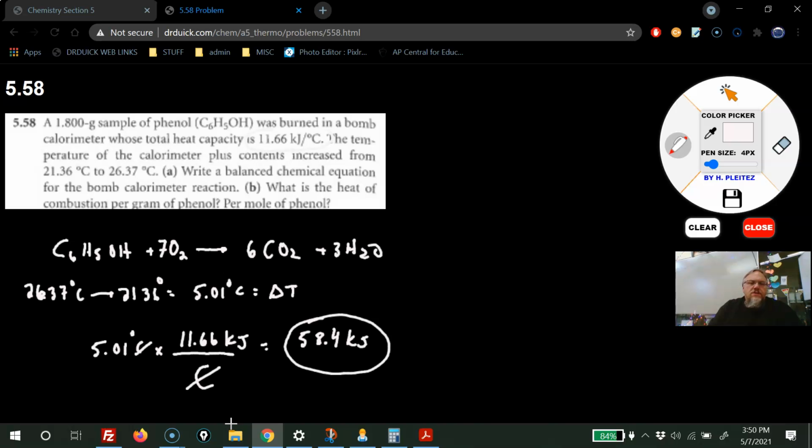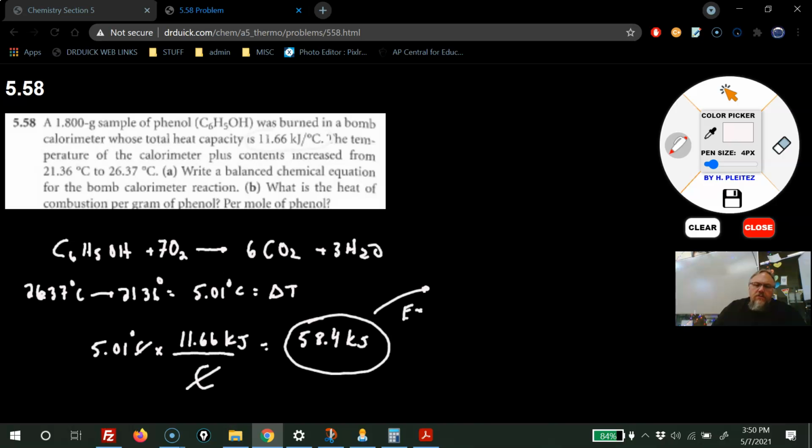But it asks, what is the heat of combustion per gram of phenol? It's simple at this point. You take this number, because it's blown up, heat is being released as a combustion reaction. It's always going to be negative, so it's exothermic.